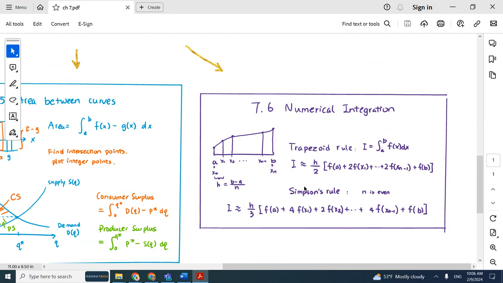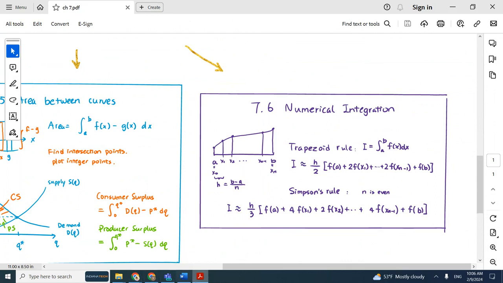And Simpson's method follows the pattern 4, 2, 4, 2, 4. So it alternates. You start with 4 and you end with 4. And it's always like that because n must be even. Each block of Simpson's needs 3 points. That's why for Simpson's method, n must be an even number. Is that okay, everybody? Yes.